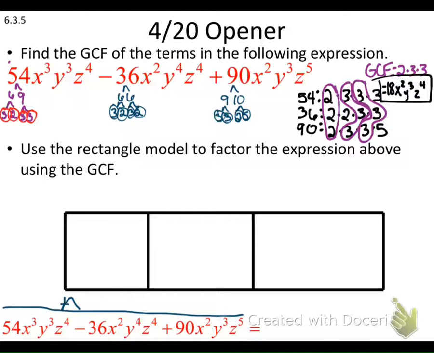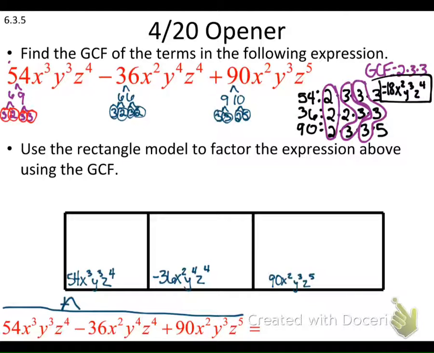So I have 54x cubed y cubed z to the 4th. I have negative 36x squared y to the 4th z to the 4th. And then I have 90x squared y to the 3rd z to the 5th.